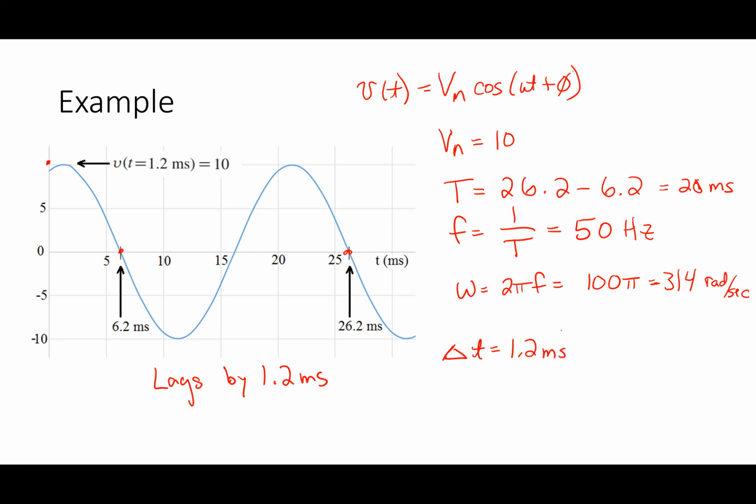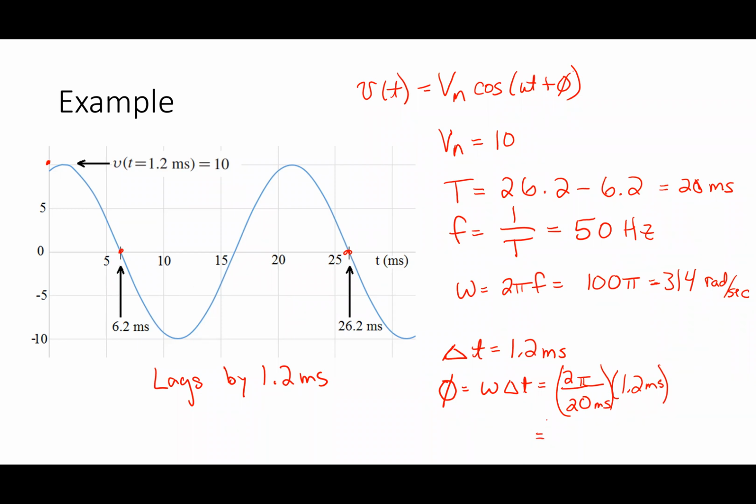How do I relate 1.2 milliseconds to an angle? Multiply it by the angular frequency? Yep, that's exactly right. So the phi value here, the angle, would be omega times delta t. So what is that? That's 2 pi over 20 milliseconds, times delta t, which is 1.2 milliseconds.